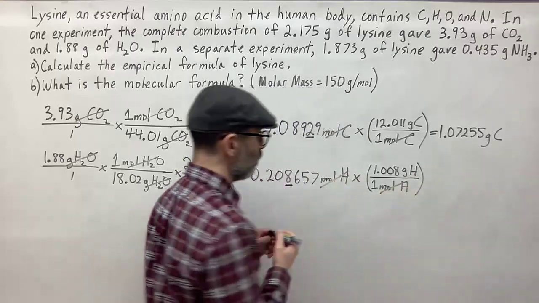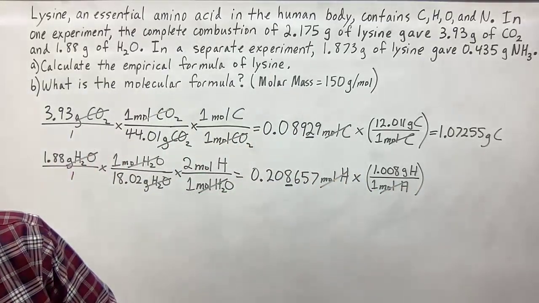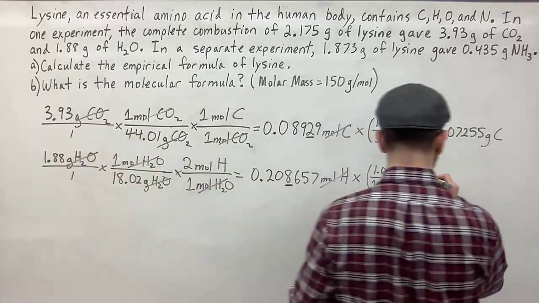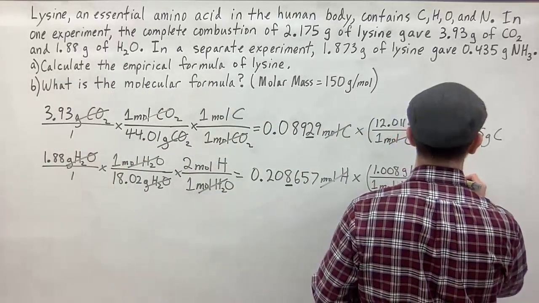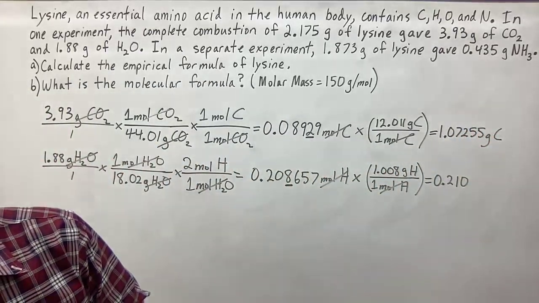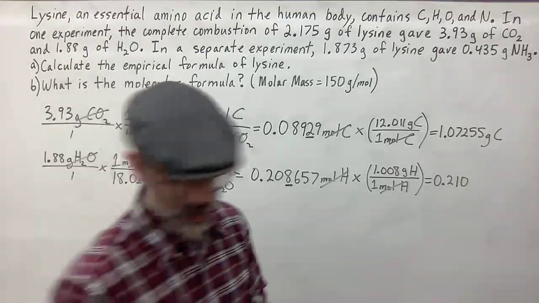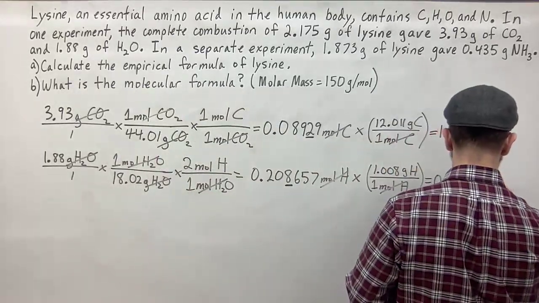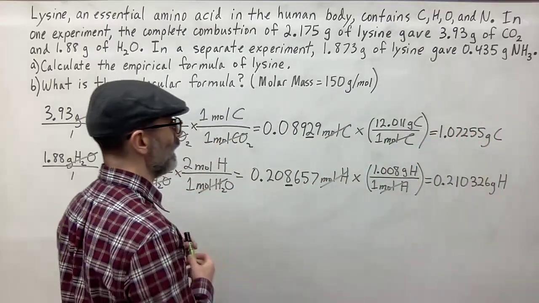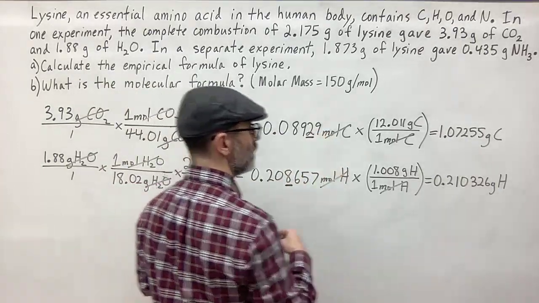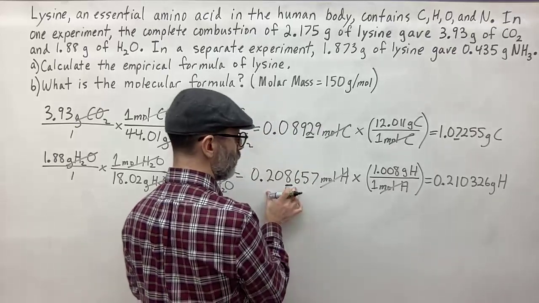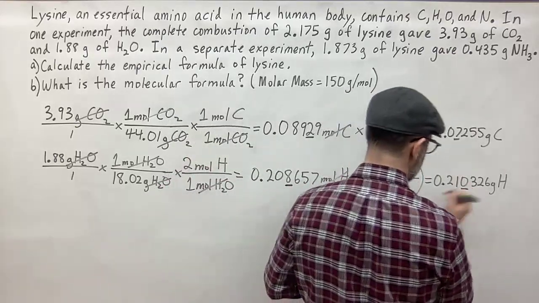Moles of hydrogen cancel out, and when I calculate the mass, I get 0.210326 grams of hydrogen. Again, I have the least number is 3 sig figs, so I underline the 3rd sig fig there. Again, 3 sig figs, underline the 3rd sig fig there.